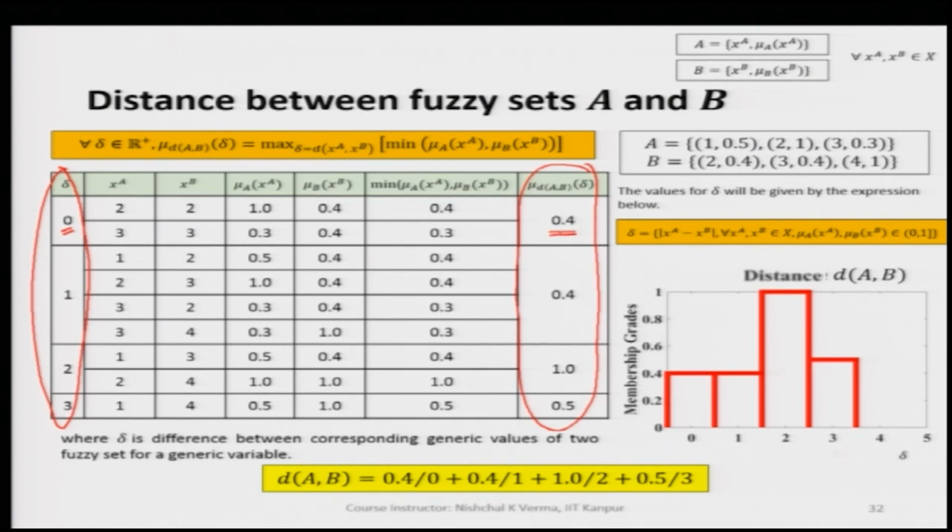Similarly, delta is equal to 1 gives 0.4, and for delta is equal to 2 and delta is equal to 3 we get the corresponding mu d a comma b of delta.